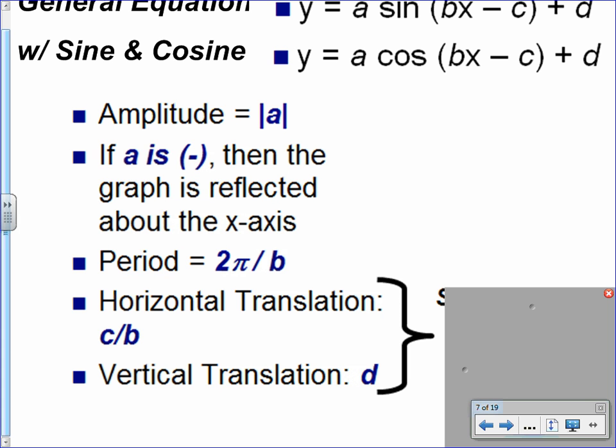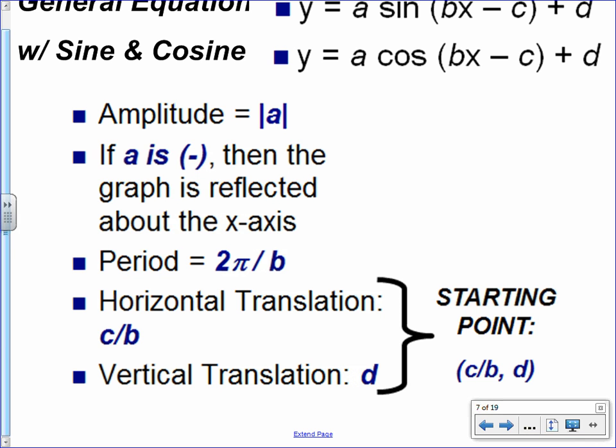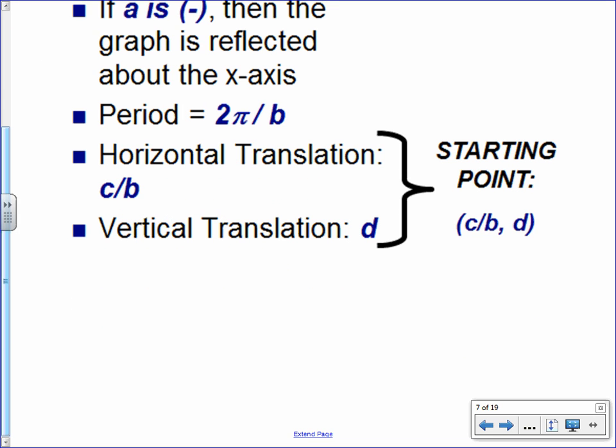Please also notice that in our equations up there, we have bx minus c. So our horizontal translation is c over b. Our vertical shift is d. This coordinate c over b comma d, we're going to call our starting point. I'll tell you what that means in a little bit, but we will have a starting point.